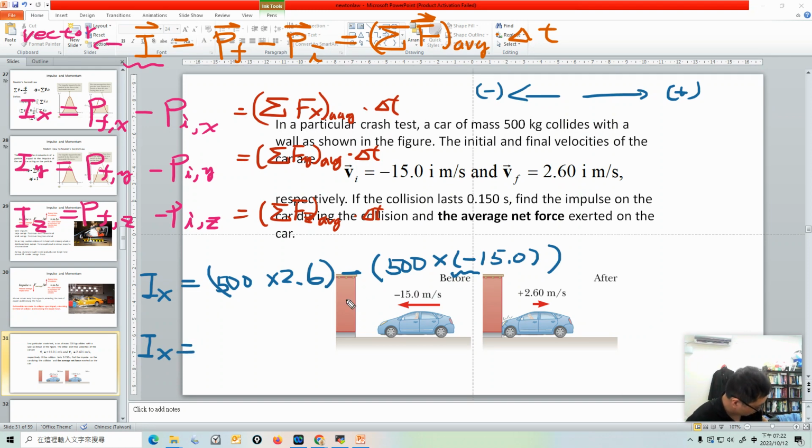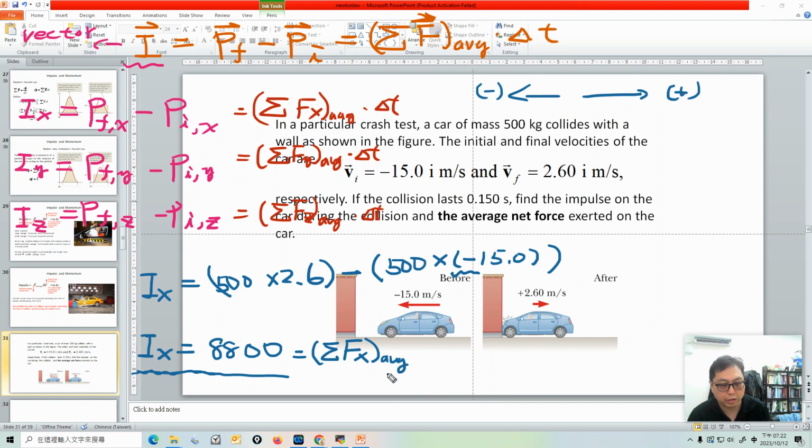I'll just tell you the value. Your impulse in the x direction is 8800, and it's equal to the average force in the x direction times delta t, and the collision time is 0.15 seconds.